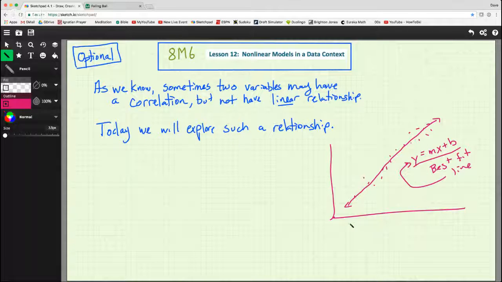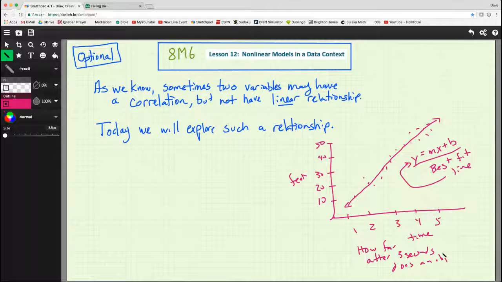So if my data points were like 1, 2, 3, 4, and 5, and this was time, and this was distance, 10, 20, 30, 40, 50, we could ask how far, in feet, does an object go after 3 seconds, right?